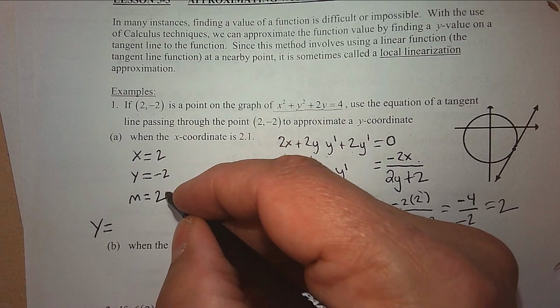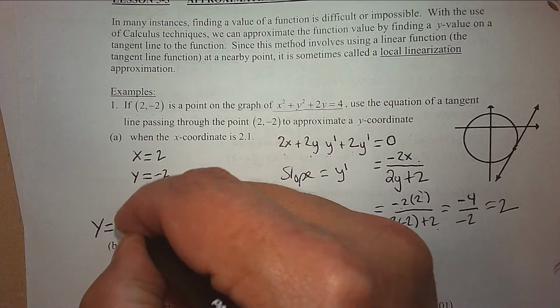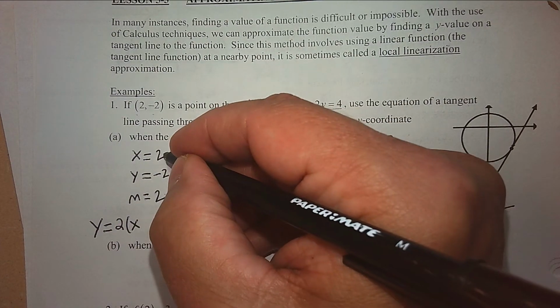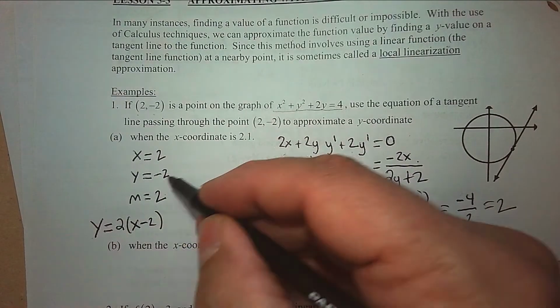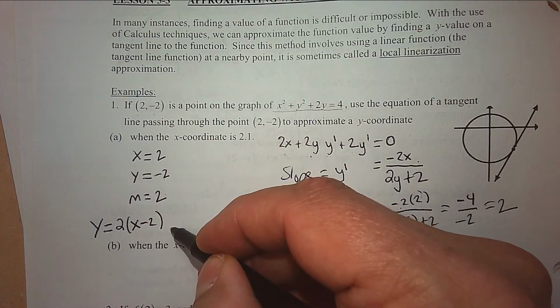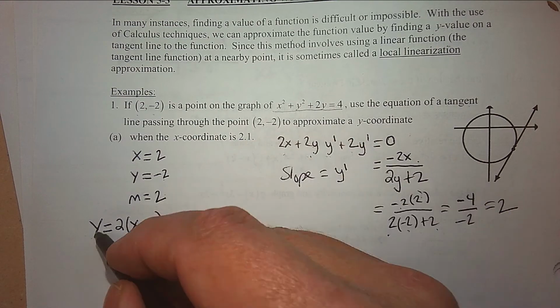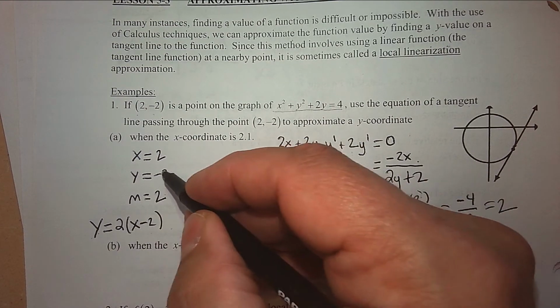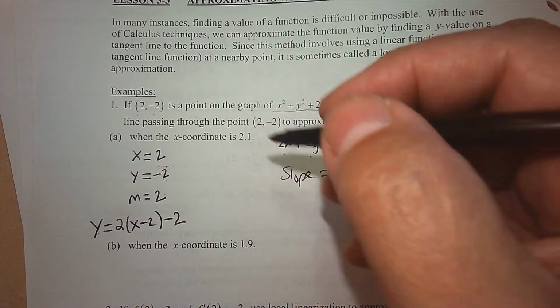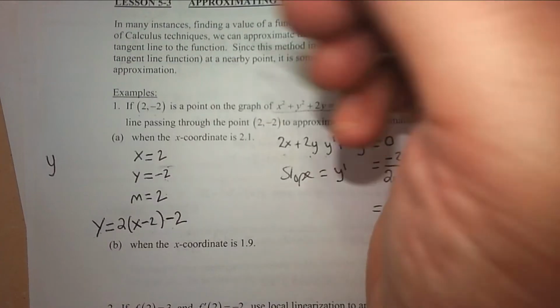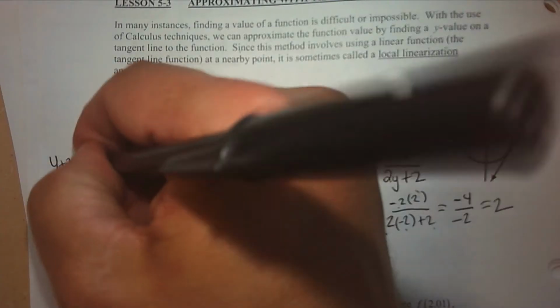What's the slope? 2. X. Now, you could have gone y plus 2 on the left, but we're going to do HK form. HK form means that k, that y, stays the same sign. So you could have gone y plus 2, the slope, and then x minus 2, right?